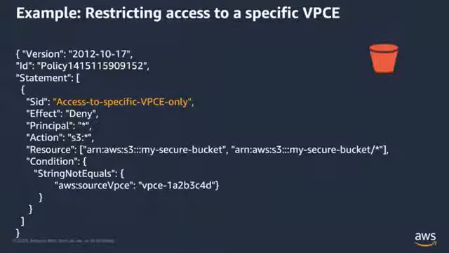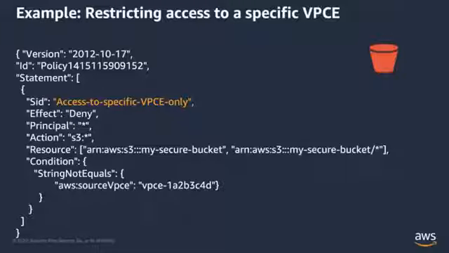Our effect is deny, principal star, action S3 star, and resource my secure bucket and my secure bucket /star. So we're going to be denying any action where our condition is not true. And our condition is string not equal AWS source VPCE, vpce-1a2b3c4d.